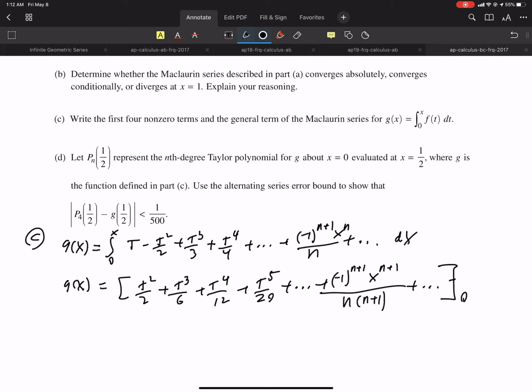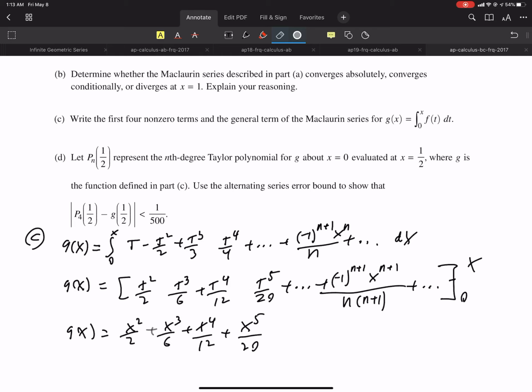from 0 to x. So g of x, we just replace all the t's with x's. X squared over 2, x cubed over 6, x to the 4th over 12, x to the 5th over 20. Oh no, my alternating signs, where did they go?